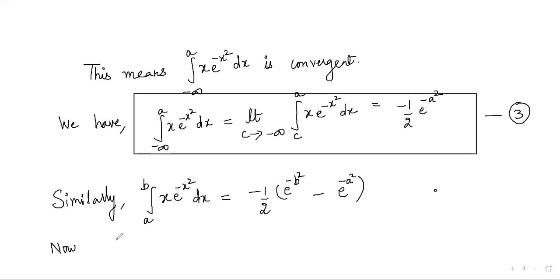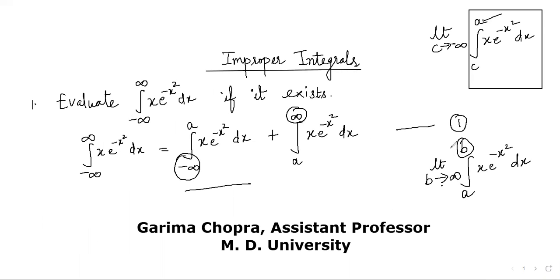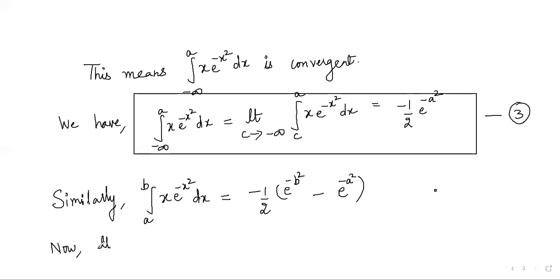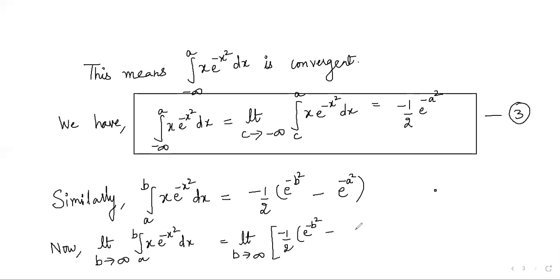Now let us consider this limit which we have discussed here, limit b tending to infinity. Why we are considering this limit? We have already discussed it. Let us put the value of this integral, which is minus 1 by 2 [e raised to power minus b² minus e raised to power minus a²].